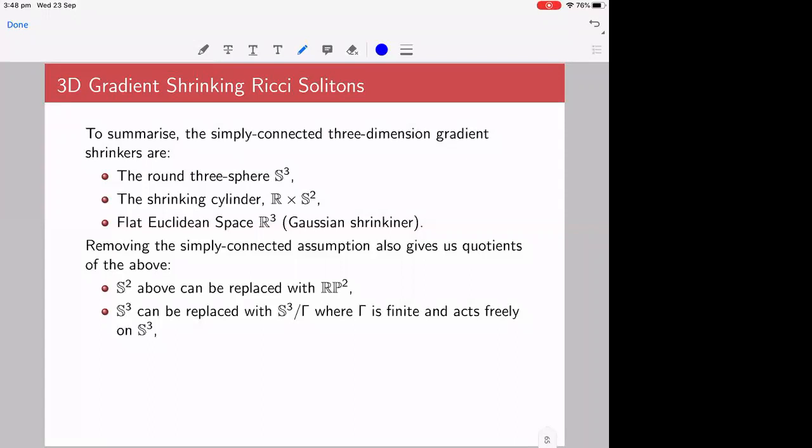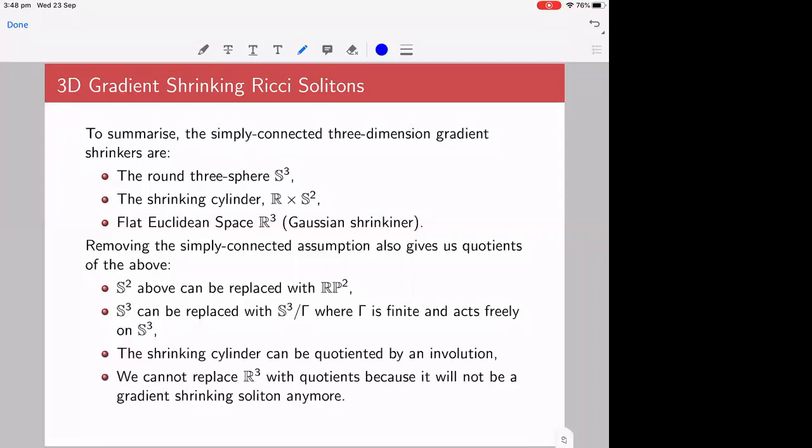Now, you might think you may be allowed to quotient out flat Euclidean space to get another gradient shrinking Ricci soliton, but I don't think you can do that. The reason is that you could try replacing flat Euclidean space R3 with a 3-torus, but it's not clear that that can be given a gradient shrinking Ricci soliton structure. It's certainly a Ricci soliton, but I don't think you can interpret that as a gradient shrinking Ricci soliton.